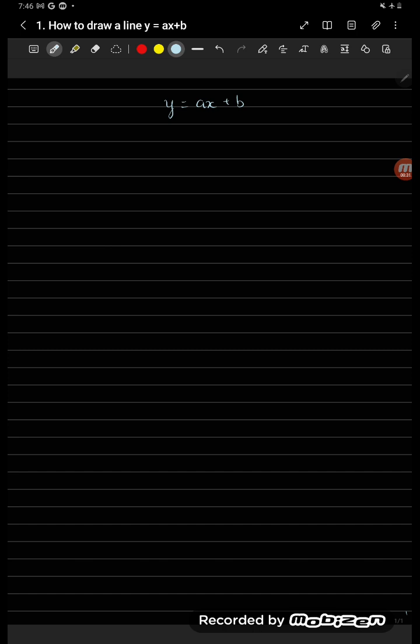So we start from the general form of a line. It is y equal to ax plus b, where a and b are coefficients. x is the independent variable and y is the dependent variable.